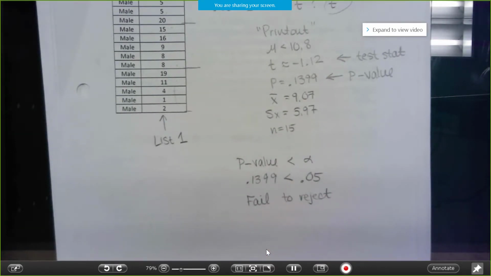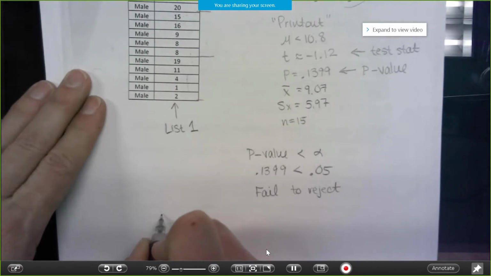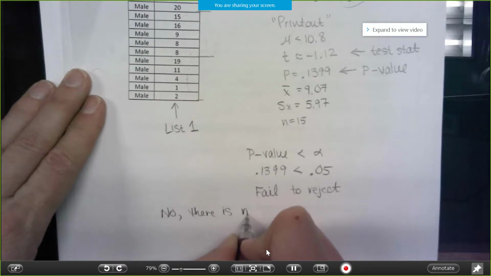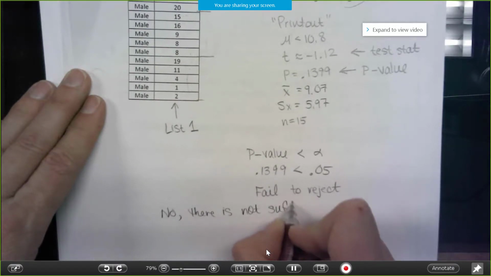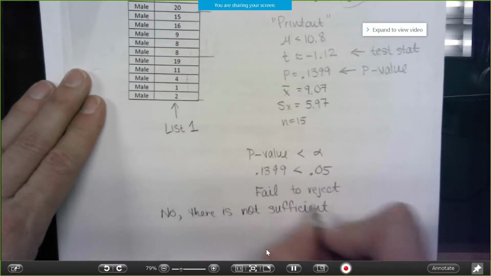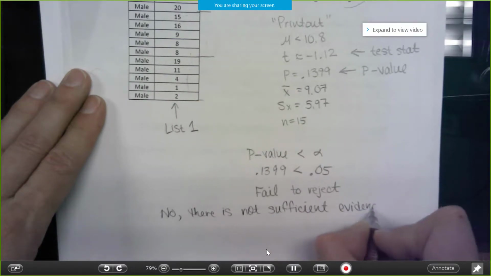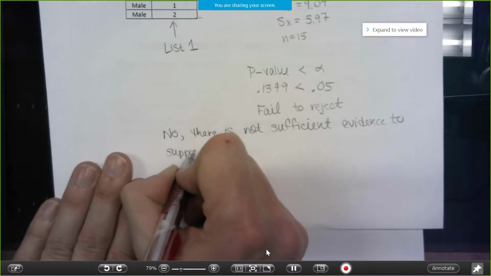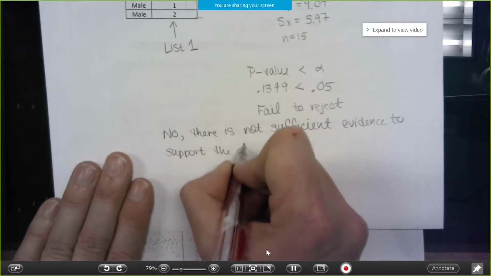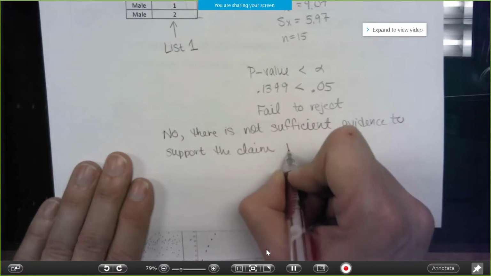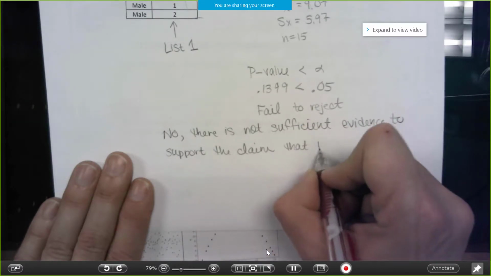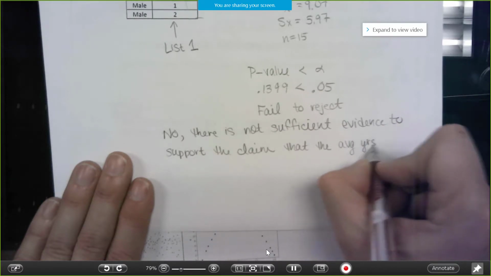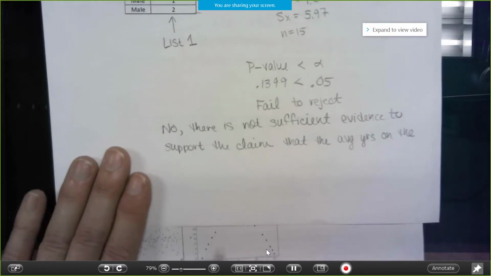No, there is not sufficient evidence to support the claim that the average years on the force is less than 10.8.